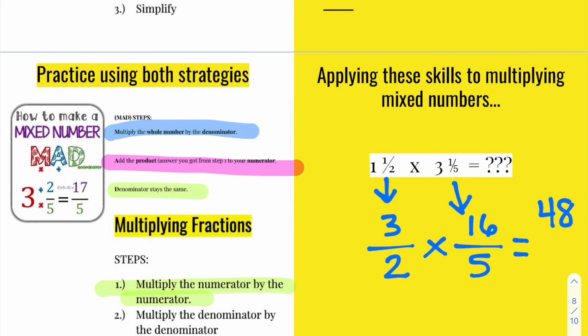What is my next step? Did you say multiply my denominators together? You're right. Now I multiply the 2 and the 5 together, and that gives me 10. What is my final step?